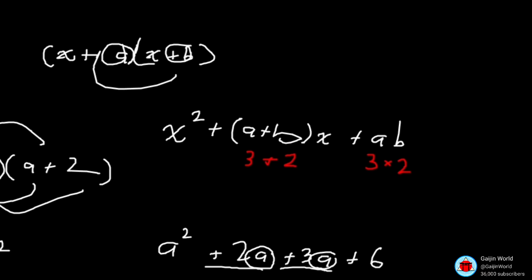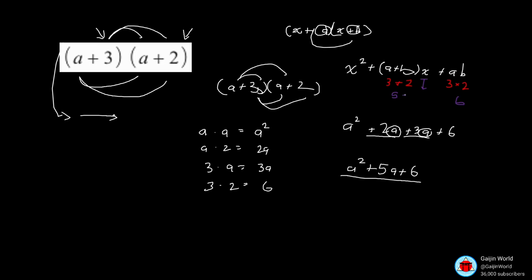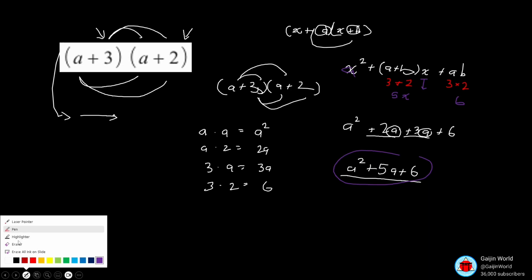So here, if you answer this now, you get 5, and this one is 6, and you just drop down the x down here, so it's just 5x. Now it looks similar to this, right? It's just the x and the a's has changed. But that's how you get it.